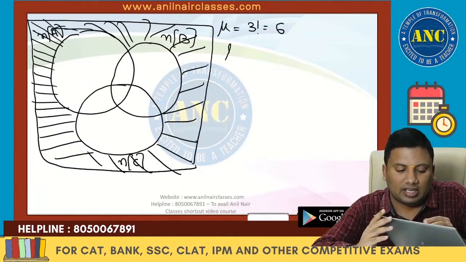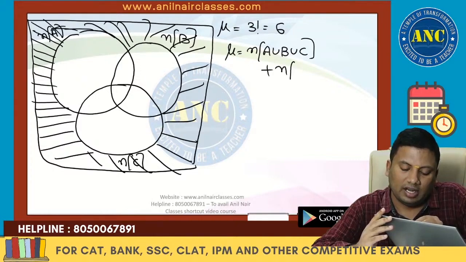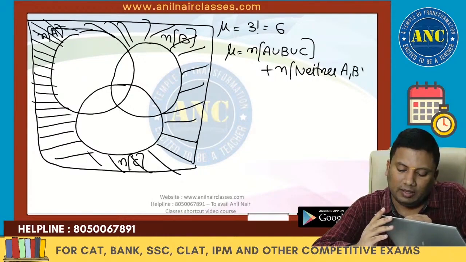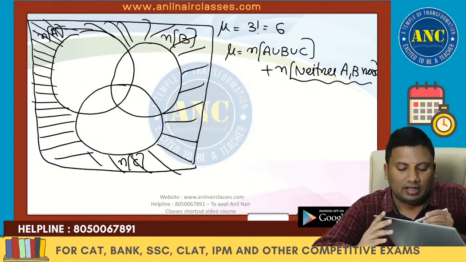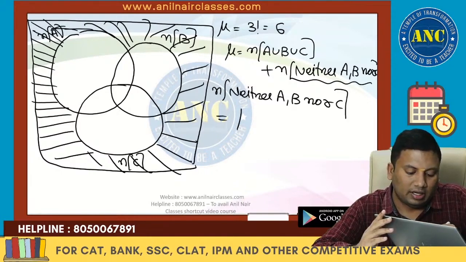The shaded portion is nothing but n of neither A nor B nor C. It is nothing but mu minus n of A union B union C.